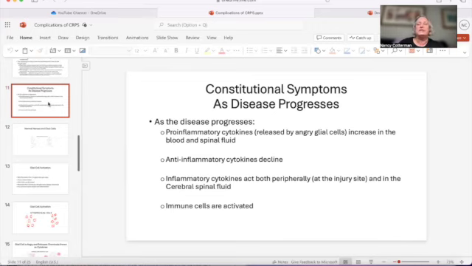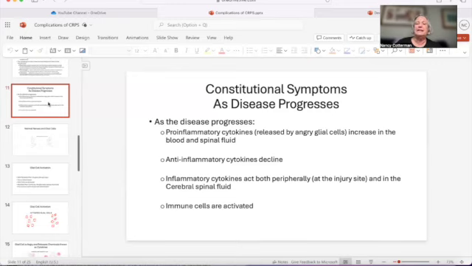Constitutional symptoms as the disease progresses. As the disease progresses over time, pro-inflammatory cytokines released by angry glial cells increase in the blood and spinal fluid. Anti-inflammatory cytokines decline.